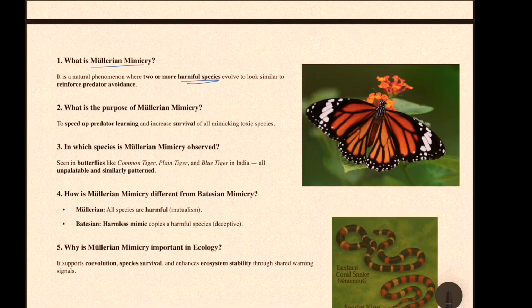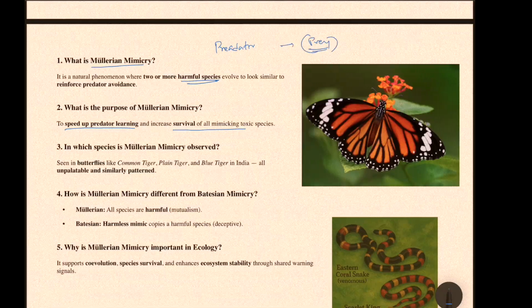This is called Müllerian mimicry, and the reason they want to look similar is to speed up predator learning and increase the chance of survival. So what happens is, let's say there is a predator and its prey.